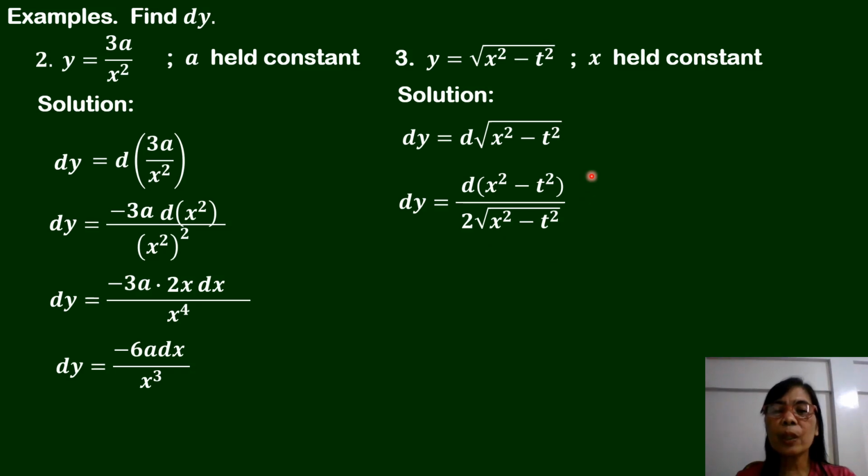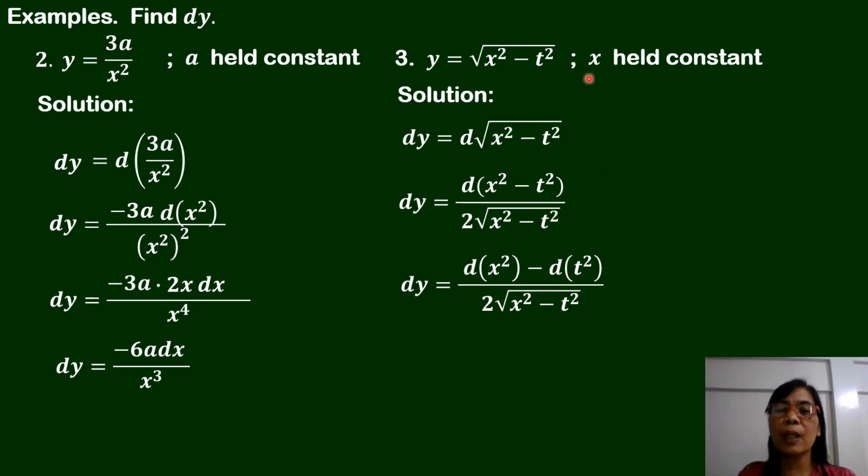So in the numerator, we have the differential of the function following it, which contains two terms. So we differentiate each term separately. We have the differential of x squared minus the differential of t squared. Take note again that x is constant, and so its differential is 0.